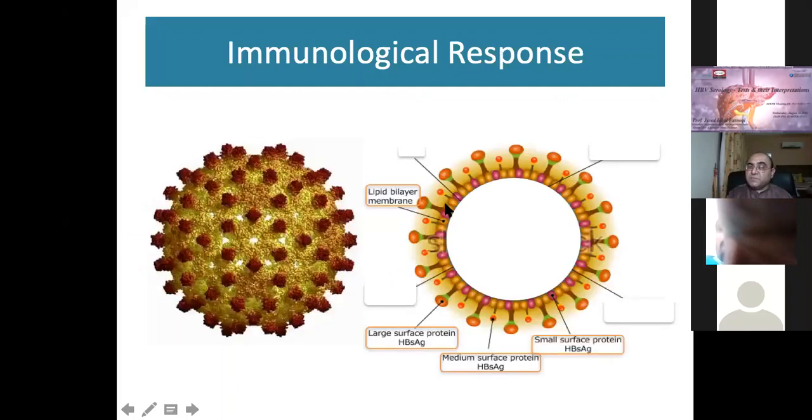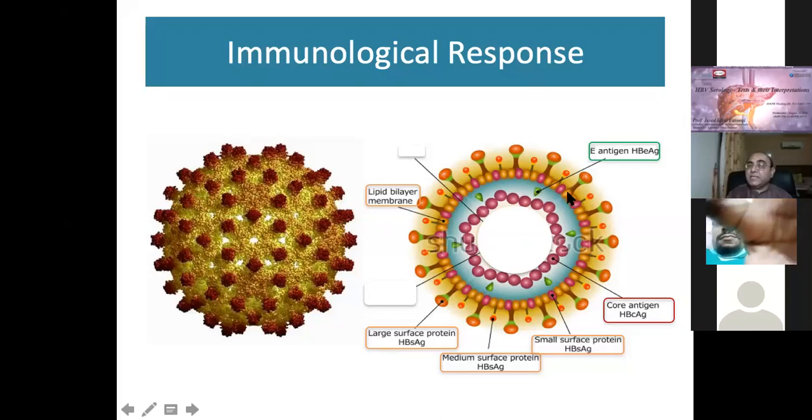The hepatitis B virion, we know, has one outer layer, the lipid bilayer membrane, and it contains the HBs surface antigen, which may be a large, medium or short surface antigen. Collectively, the HBs surface antigen is one of the major antigens which the virion brings into the body, and the body makes antibodies against it. Then going inside, the E antigen and the core antigen.